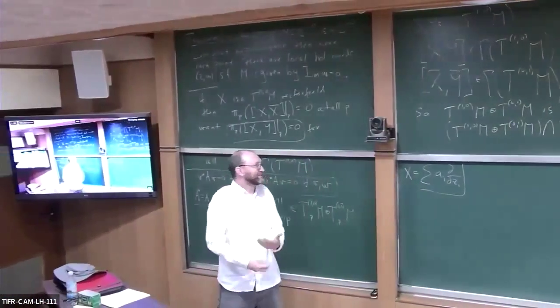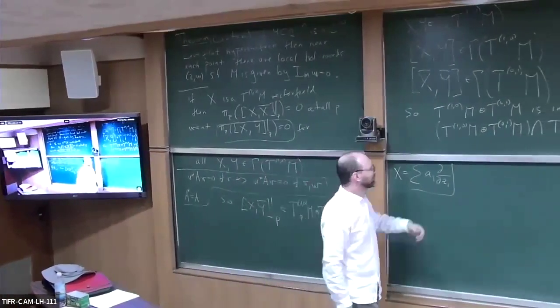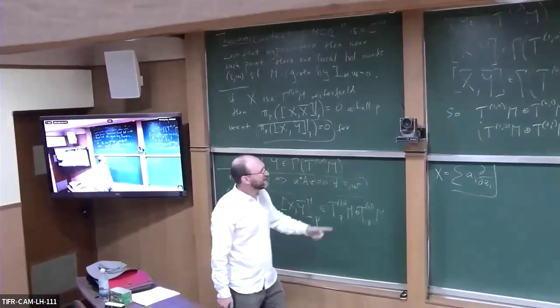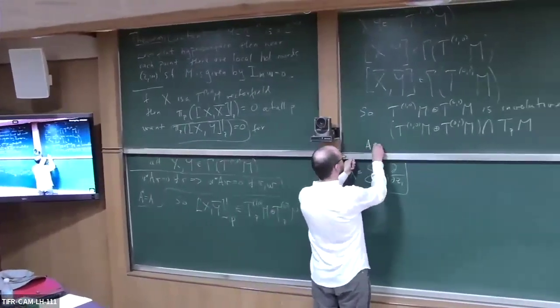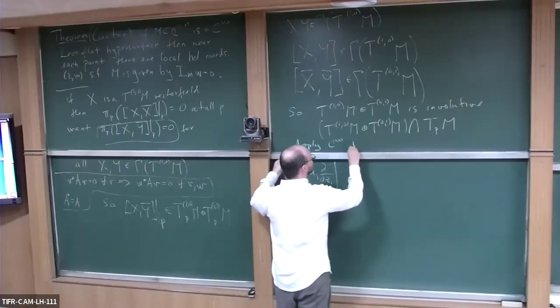So in some sense, we didn't have to do this, but if you want to apply the real-analytic Frobenius, it really is talking about this thing. So apply real-analytic Frobenius.